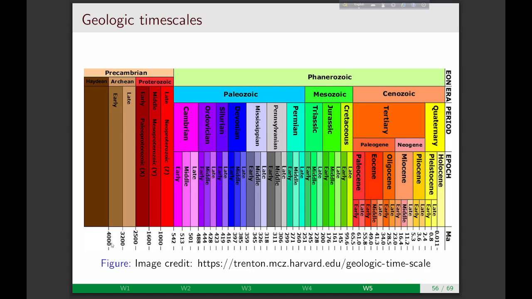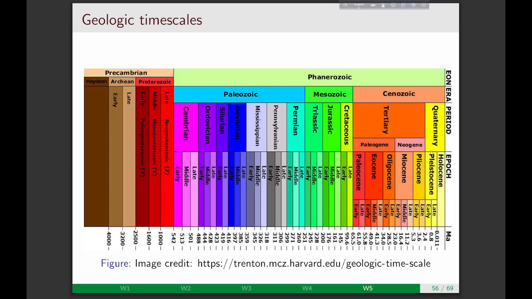So it is almost 4,000 million years, that is 4 billion years, or in the Indian system 400 crore years ago. From that point the earth was formed, and geologists have divided the time scale into several eras, eons, periods, and epochs, just to identify any event easily: which event happened in what era, epoch, or period.